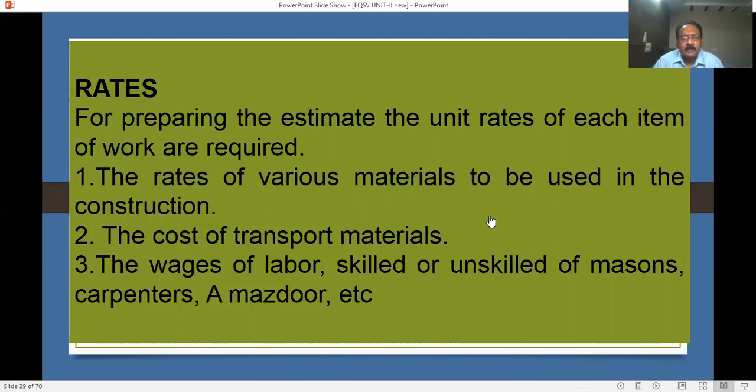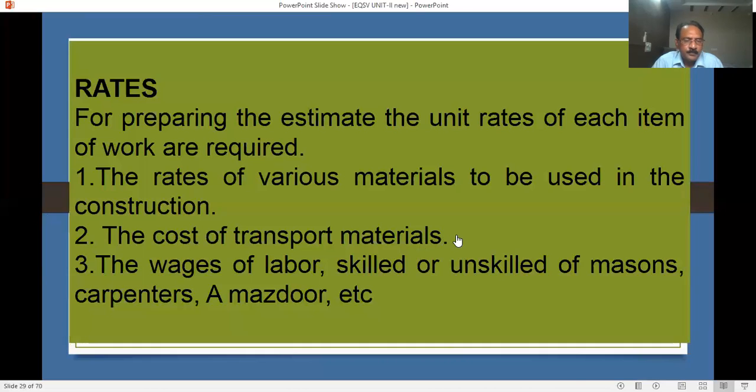Cement you can get from nearby local shops, godowns, or companies. What is the cost? This also depends upon the time. Suppose in this pandemic situation, or if diesel and petrol rates increase, the transportation cost increases.